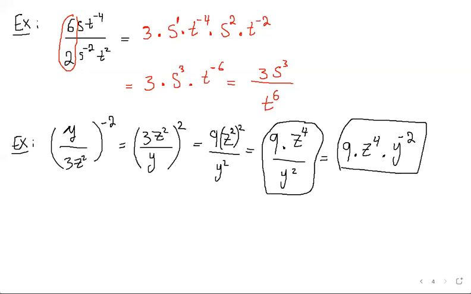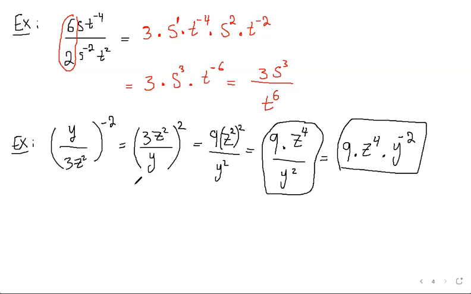So for the second example, here we have negative exponent, -2. When I see negative, this means we have to flip everything inside the parentheses. If I flip everything inside, it gives me 3z squared over y. And now we change the sign for the exponent from negative to positive.